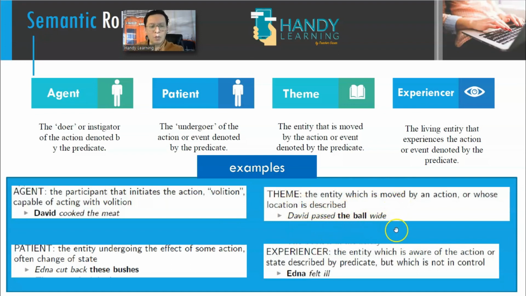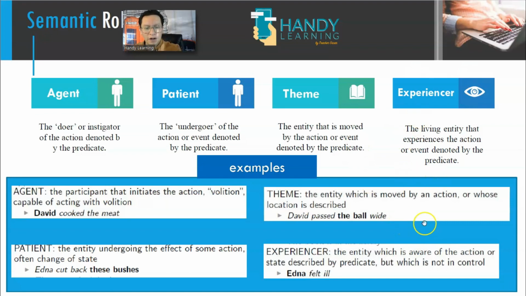David passed the ball wide. So when we see the verb passed, it implies physical movement. Therefore, we're talking about the ball. We're not talking about David. The theme is the ball. The same will happen if we say the ball which is on the desk. We are describing its location, therefore the ball is the theme.